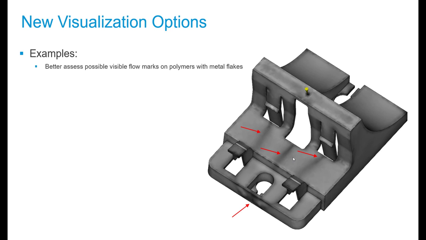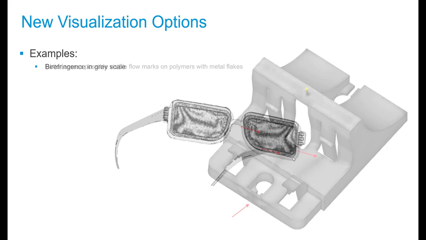And with that, I can now have a fairly decent estimate of which of these flow marks are going to be visible and which not. This may not be 100% perfect, but it's going to give you a pretty good idea of how this could manifest itself. And it's definitely easier to interpret than just looking at the fiber orientation tensors themselves. So I hope you can find this useful.